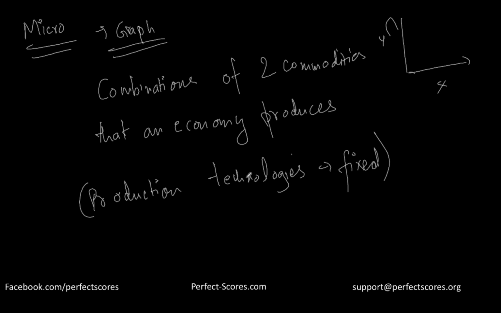Fine. And from a macroeconomic point of view, it shows different trade-offs for different products, such as fixed capital versus production of consumer goods, or capital goods versus consumer goods, which means the same thing.